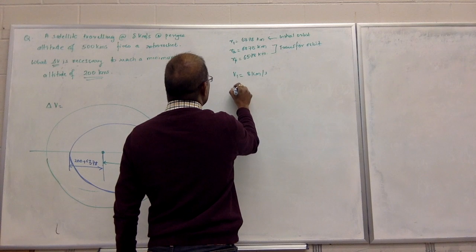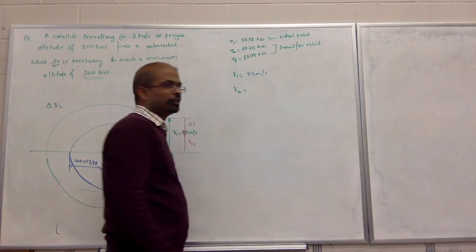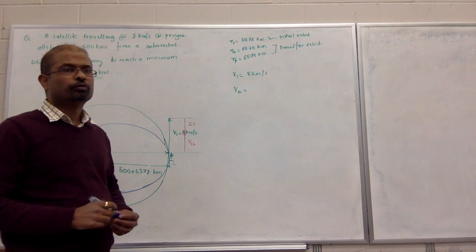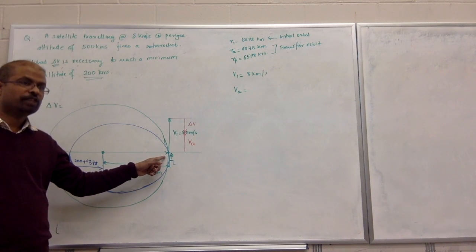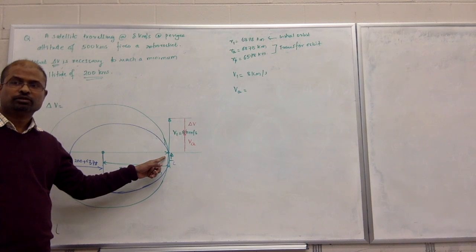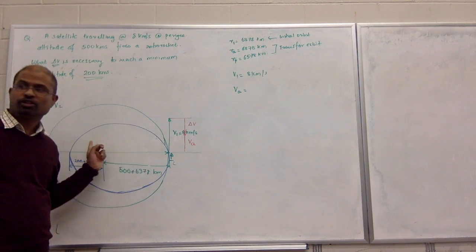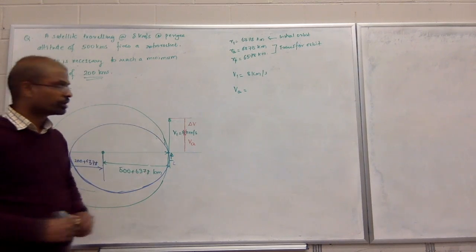What do you need? You need VA. There is no V2 because the second orbit is not a circular orbit. The velocity is constantly changing here. Here the velocity is the same. What is VA?